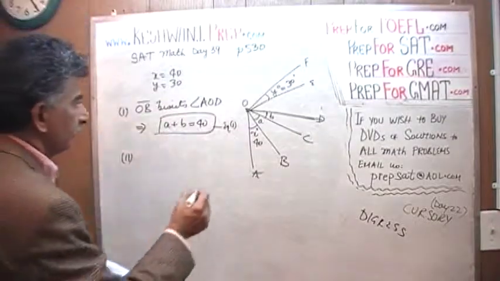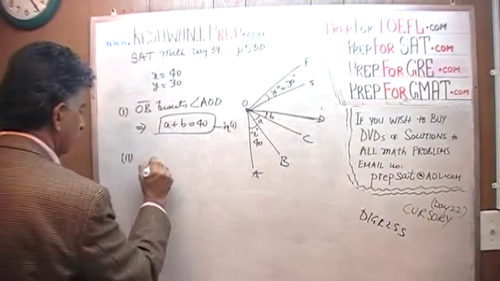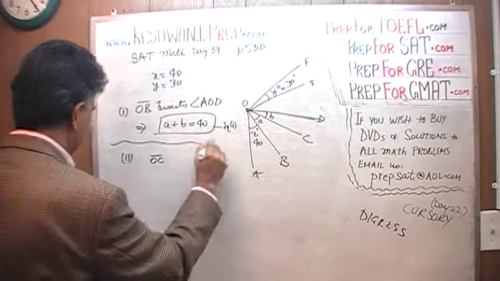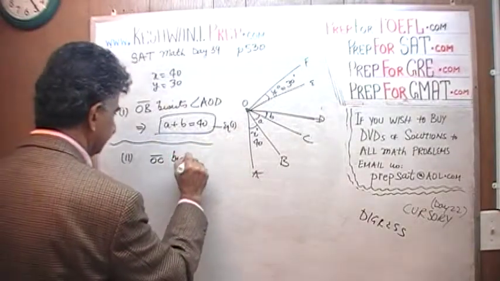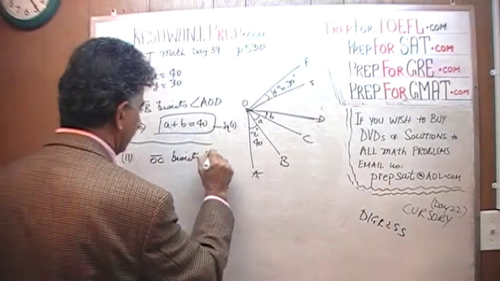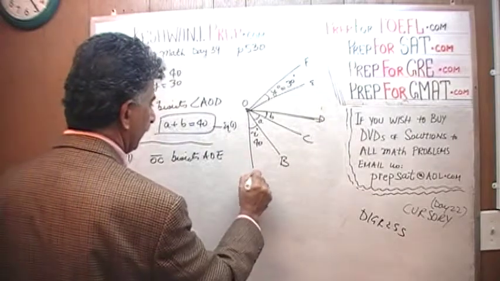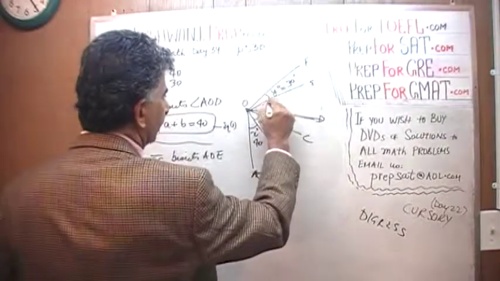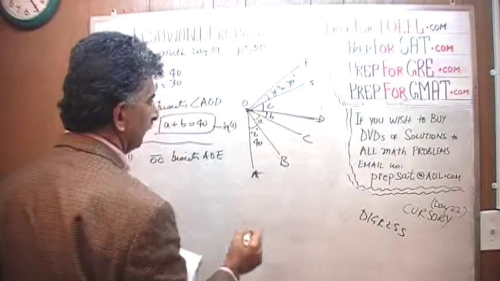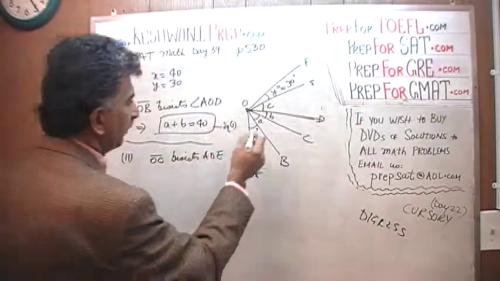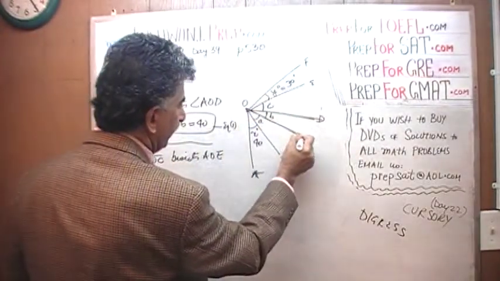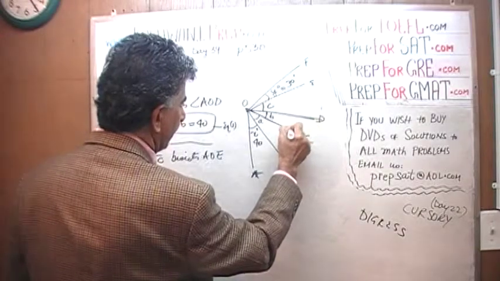OC, where is OC? Right here. OC, we are told, bisects AOE, way up there. So let's call this angle C. So AOC, and OC we're talking about this part right here. I'm going to make it darker so you can see it.